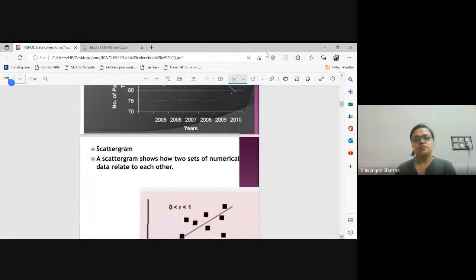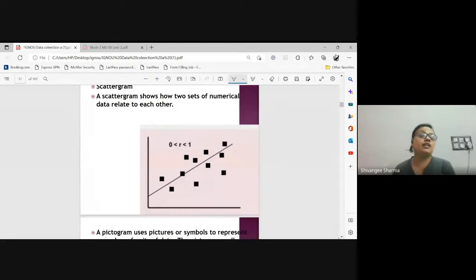Okay. Then comes the scatter diagram. A scatter diagram is used to identify variations in your data, whether your data is following any kind of line or curve or not. This is generally how a scatter diagram looks like. These can be simple dots also. Just to understand, I have made these big squares.